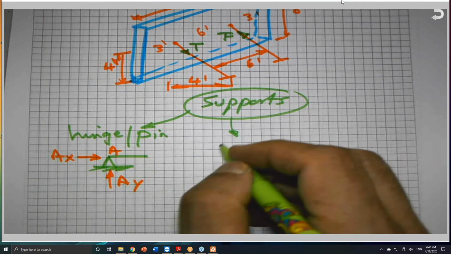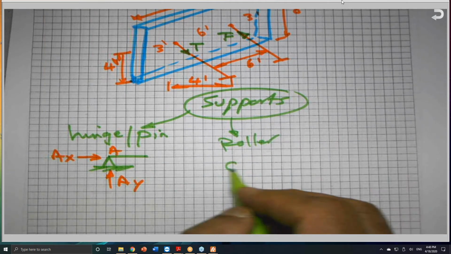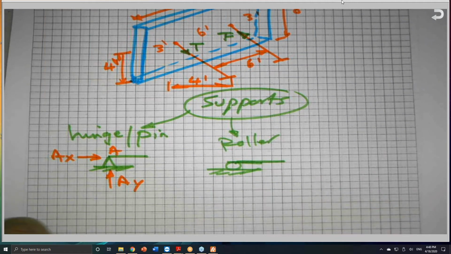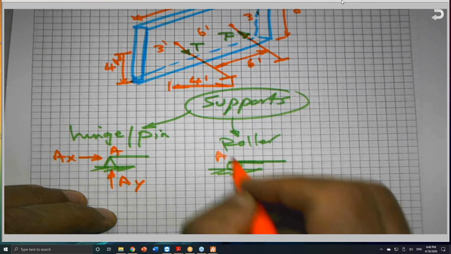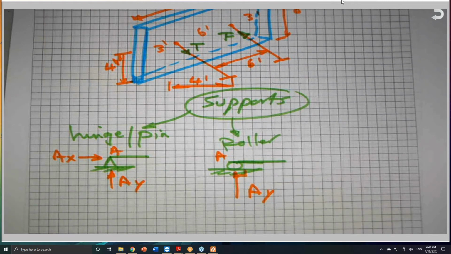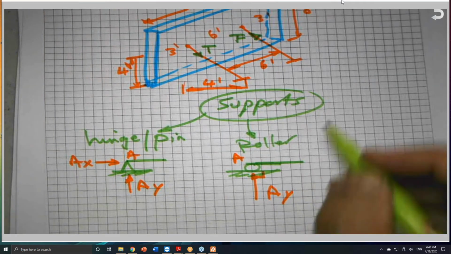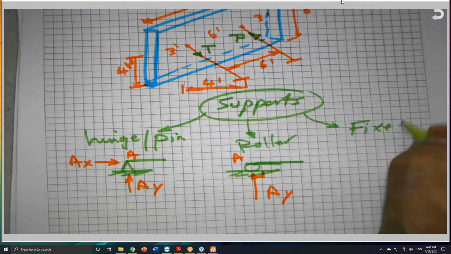The other one is a roller support, and we draw it like this. The roller support has only one reaction perpendicular to the contact surface, if this is A. So I have A sub y. And the third type of support that you might see on the exam is a fixed support.